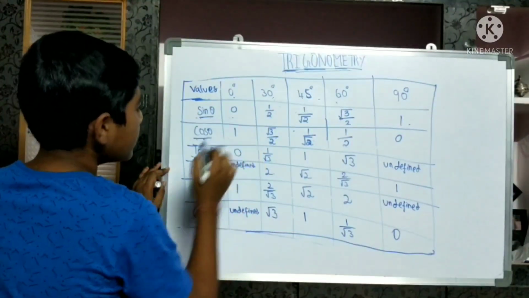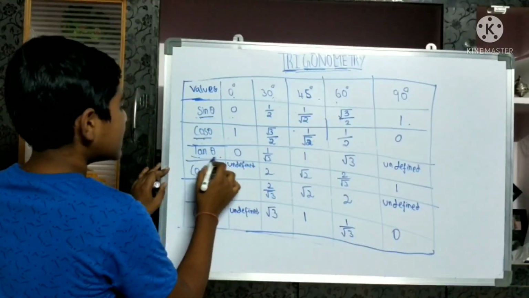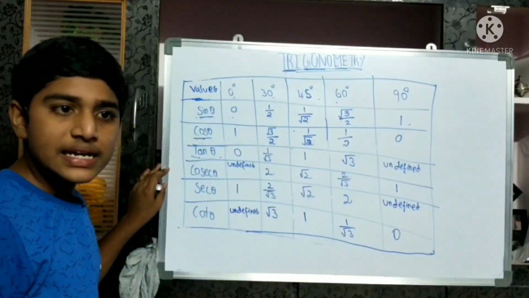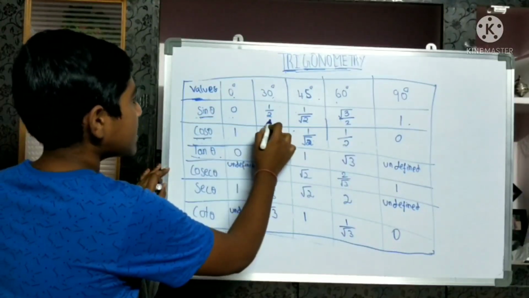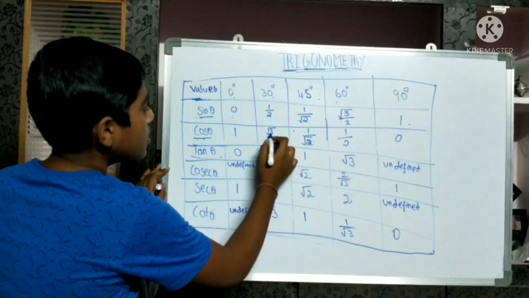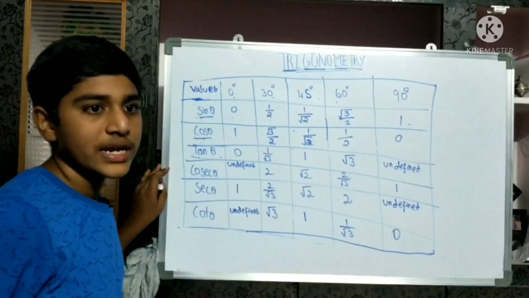That means 0 by 1. 0 by any number is 0. So tan 0 degrees is 0 and tan 30 degrees means sin 30 degrees by cos 30 degrees. That means 1 by 2 by root 3 by 2. That is equal to 1 by root 3.